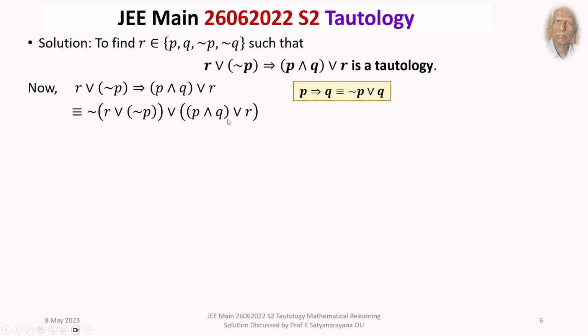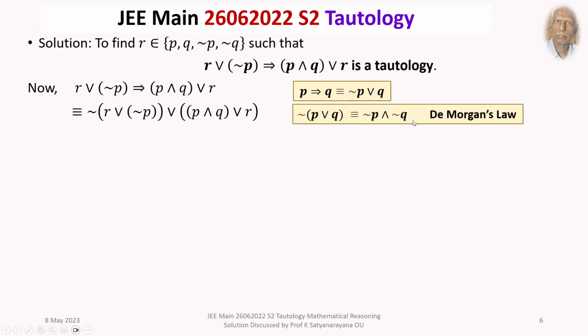Now for this, negation of P or Q is negation of P and negation of Q by De Morgan's law. So the negation of first or second is logically equivalent to the negation of the first and the negation of the second.